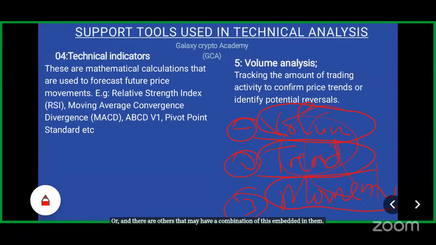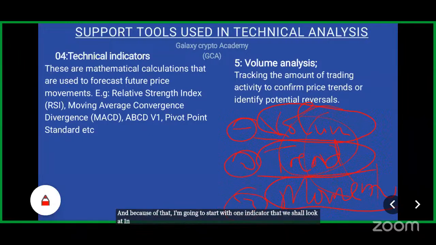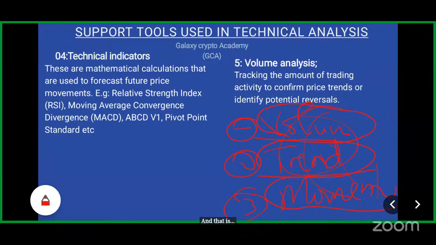And because of that, I'm going to start with one indicator that we shall look at in detail as we go on our chart. And that is the stochastic RSI, the stochastic relative strength index, whose work or operation seemingly is the same as the relative strength index.